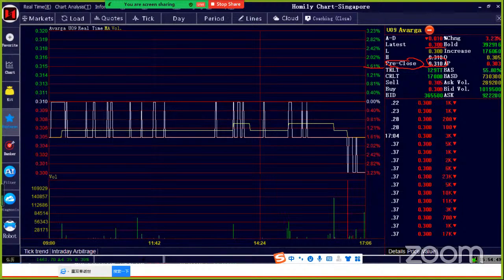This pre-close price is the closing price of the day before. So it will show you the percentage. The net value is the latest price minus the close price of yesterday, but this percentage of change will show you in percentage. That means it is the A and D divided by pre-close price. So you will get percentage of change.